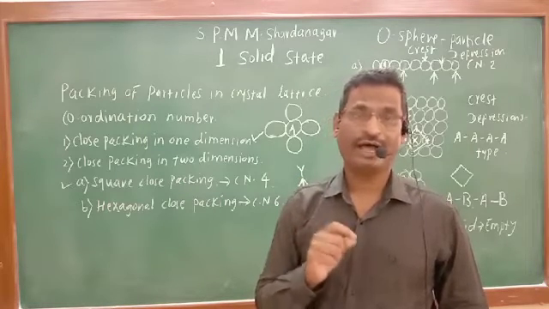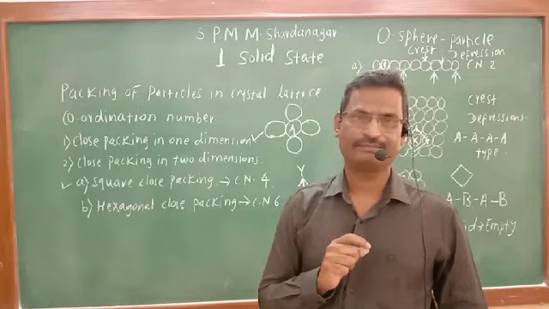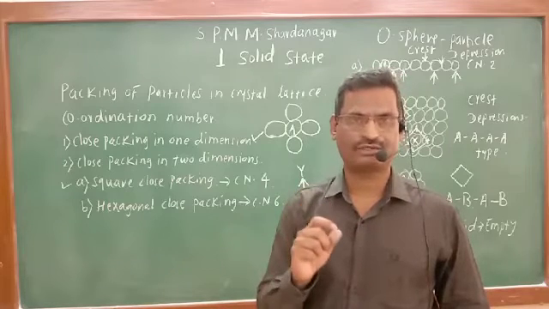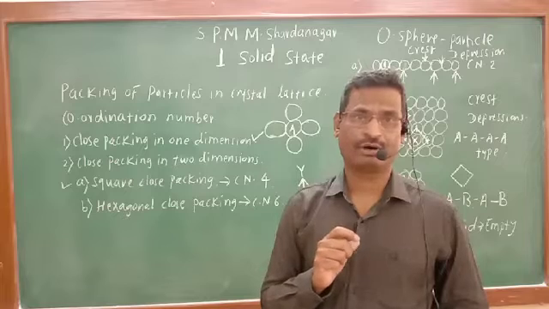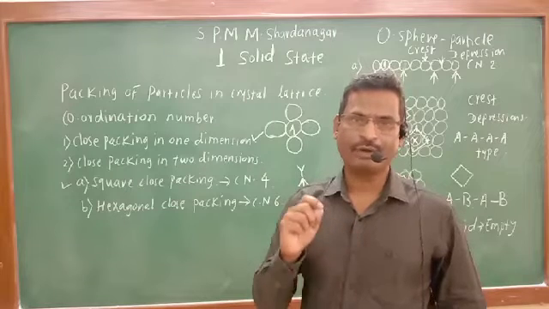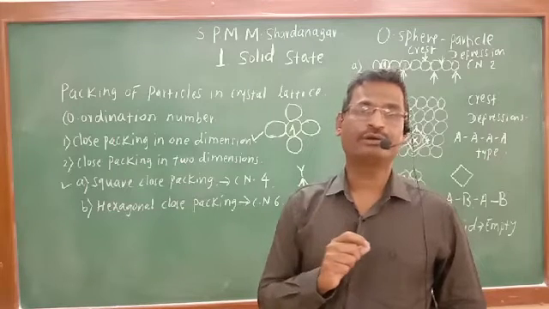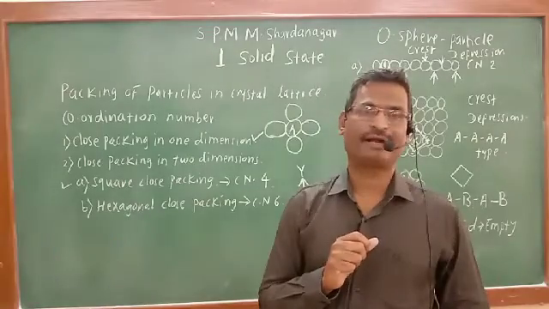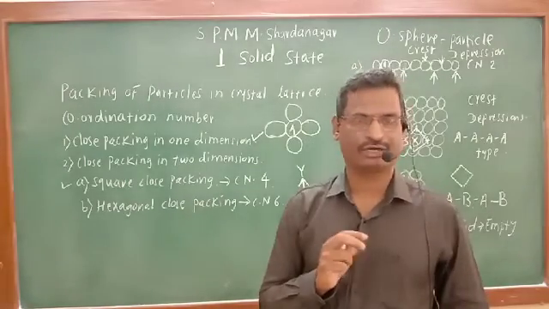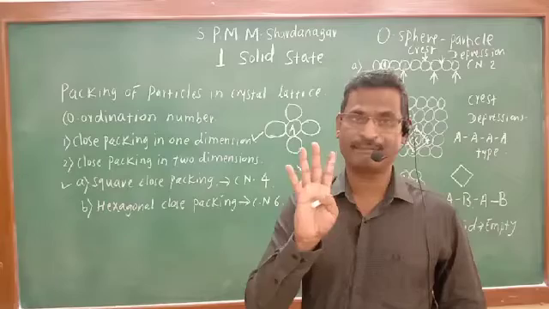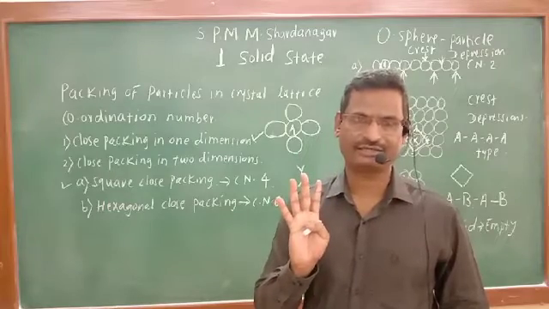Whenever atom is the constituent particle, it is known as covalent solid, network solid or cross-linked solid. And whenever molecule forms the constituent particle, it is known as molecular solid. We have seen those examples also in detail in the last lecture.